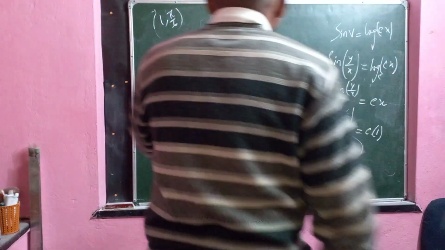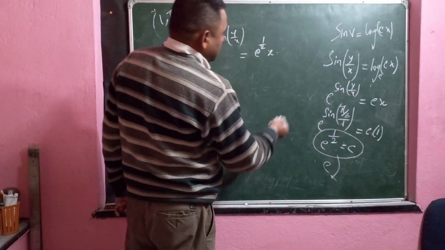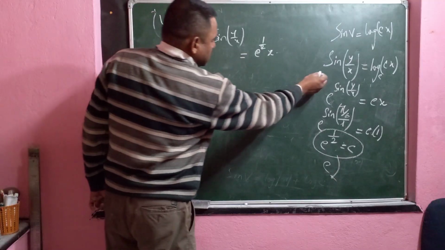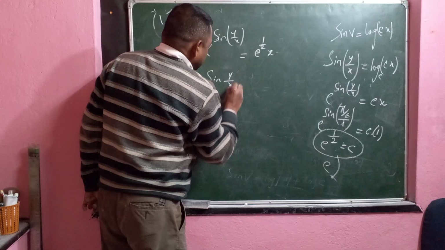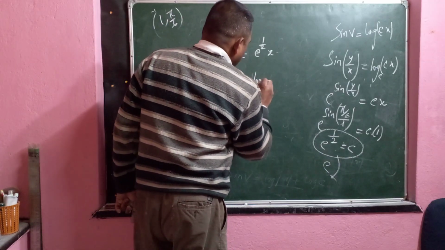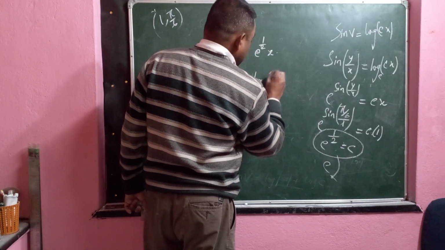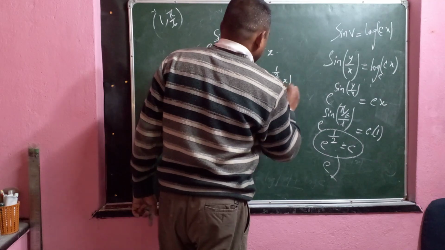Or if you take the log also, in that case c is half, so sin(y by x) is equal to log base e of c x, where c is e to the power half, into x.